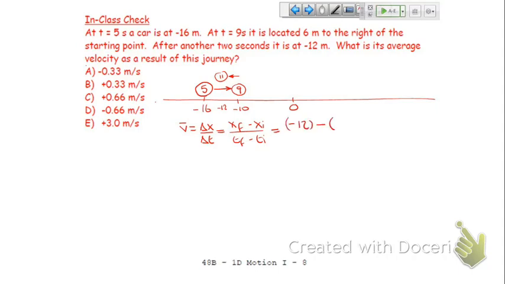Subtract from that my initial position, minus 16, over my final time 11 minus my initial time 5. Minus 12 minus minus 16 is minus 12 plus 16, which is plus 4 over 5. 11 minus 5 is 6, so that's going to be plus 0.66 meters per second. Cool.